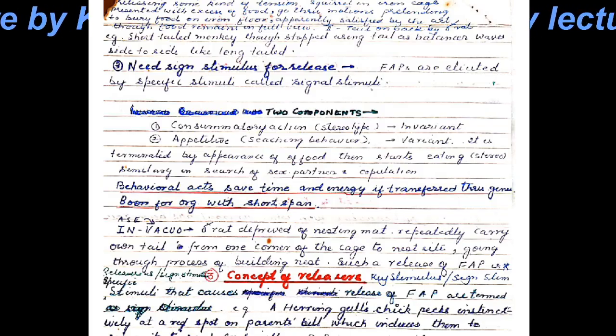This testifies to what I told you in the beginning, that once the FAP is triggered, it doesn't stop in between, but it completes to its fullest. It was also found that geese attempt to retrieve two large egg models.